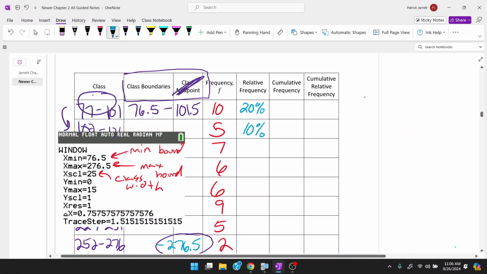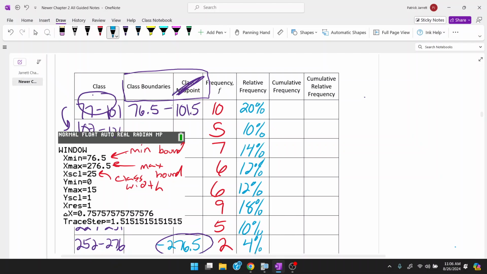This is 10%, 14%. You have a 12% here, and a 12% here, 18%, 10%, and then 4%. Now, you could give me decimals for those if you want as well, but percentages are just as well.